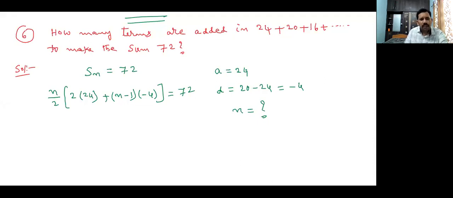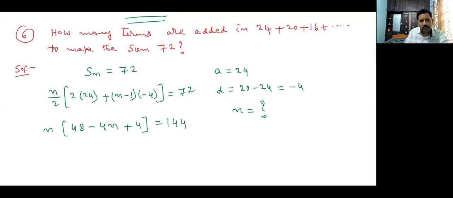Now see the calculation. These two go to the right hand side. n into 48 minus 4n plus 4, that is equal to 72 into 2, that is 144.